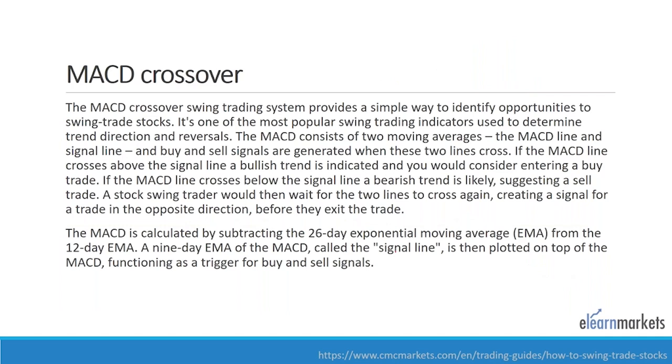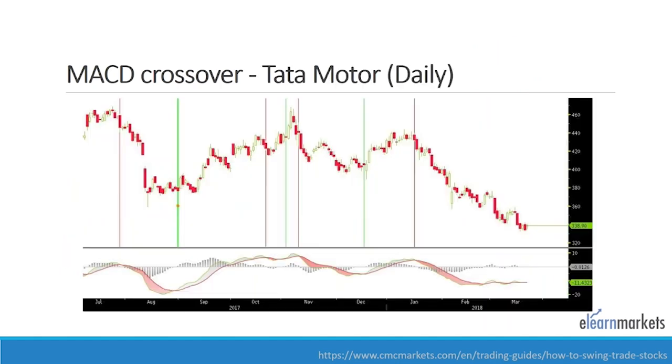The last indicator, which you can say is an advanced indicator, but still it is derived out of the exponential moving average, is the MACD, which helps you find out momentum in a stock.